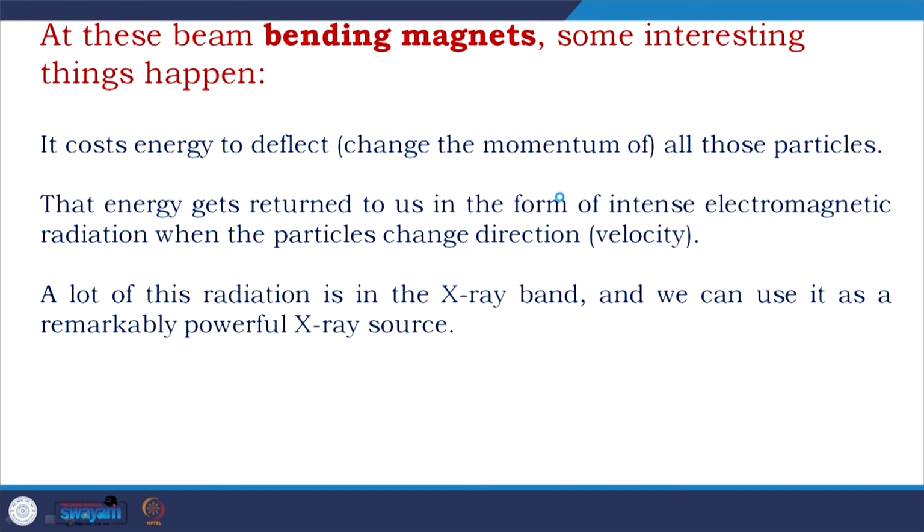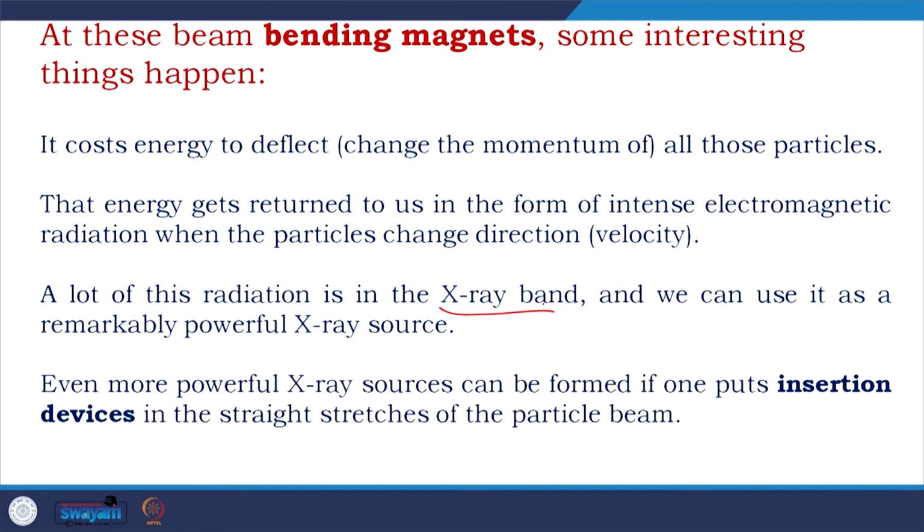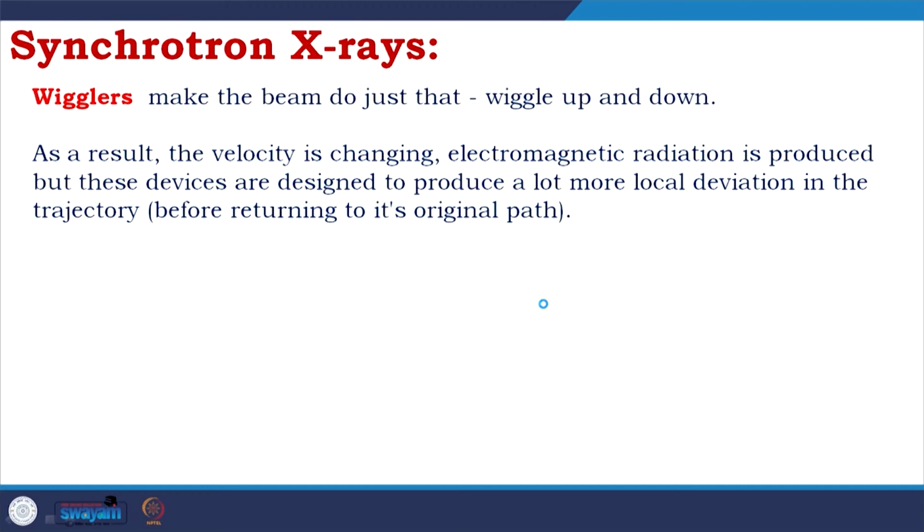A lot of this radiation is in the X-ray band, and we can use it as a remarkably powerful X-ray source. An even more powerful X-ray source can be formed if one puts insertion devices in the straight stretches of the particle beam. Generally it is powerful, but what advancement people do is use something called wigglers.